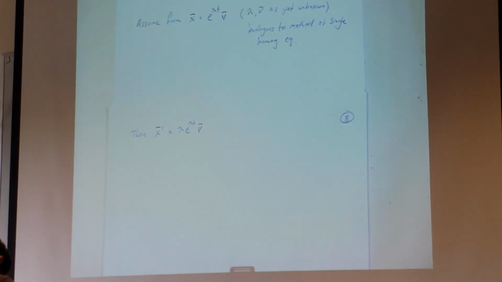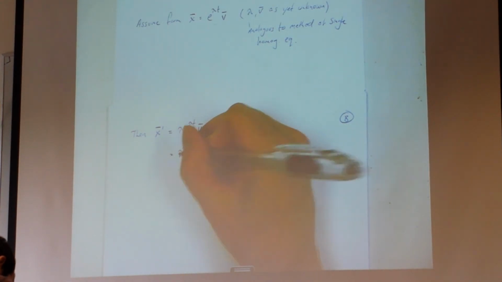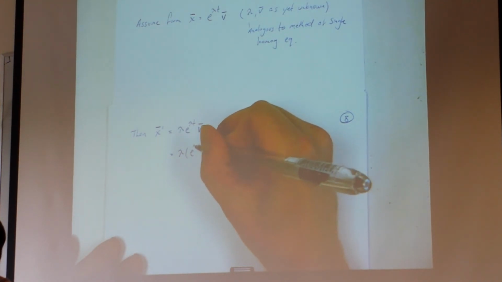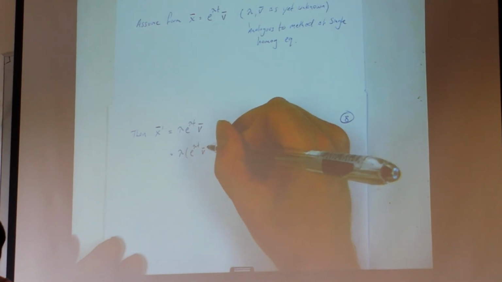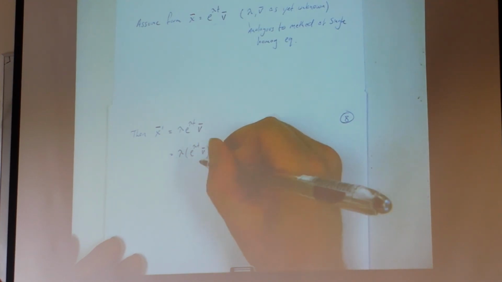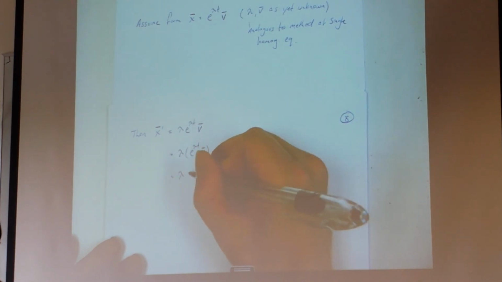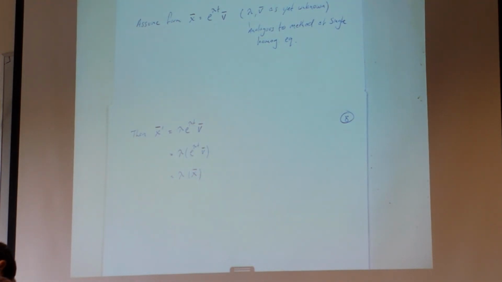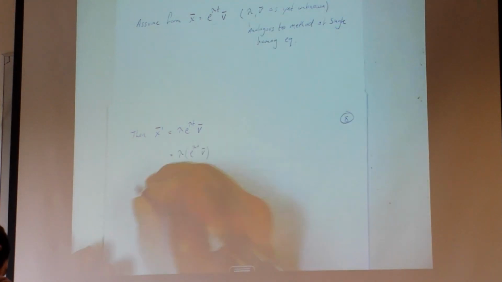I pull this lambda out, and we recognize this as x again. In other words, x bar prime equals lambda x bar.